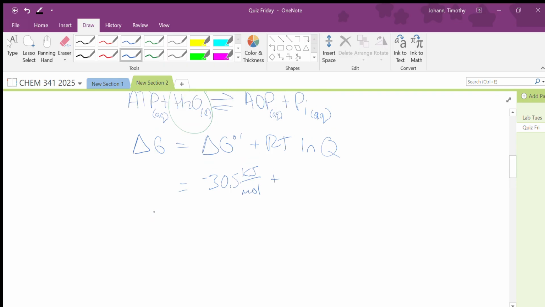If I wasn't sure, I would write 8.314 joules per mole Kelvin, and I want to convert that to kilojoules. Well, I know that if I have 1,000 joules, I have 1 kilojoule.